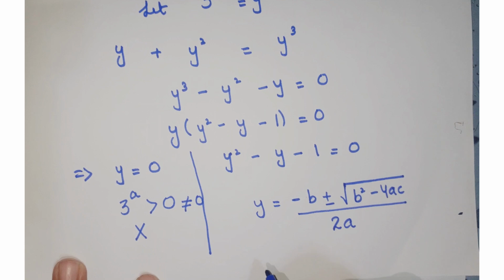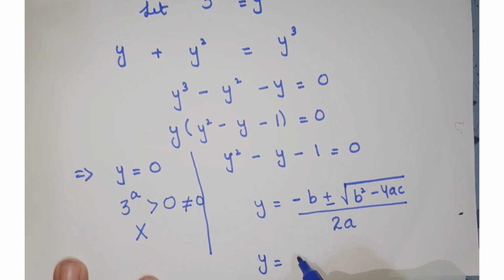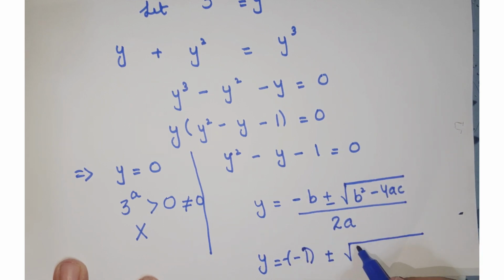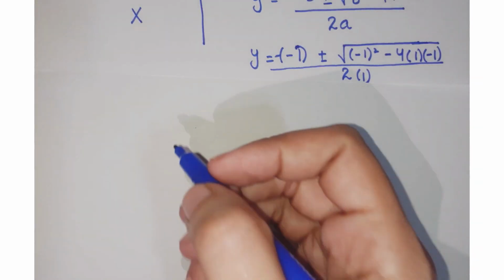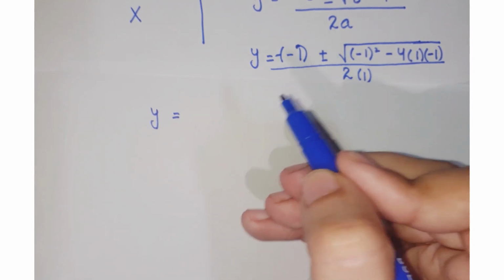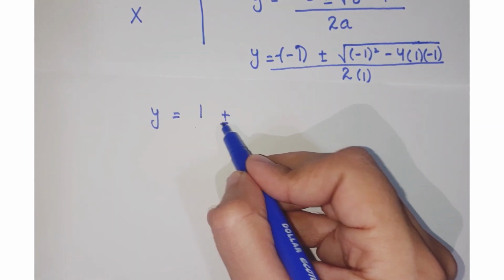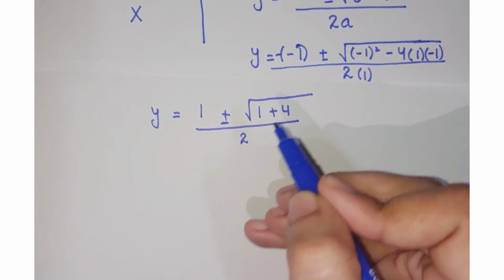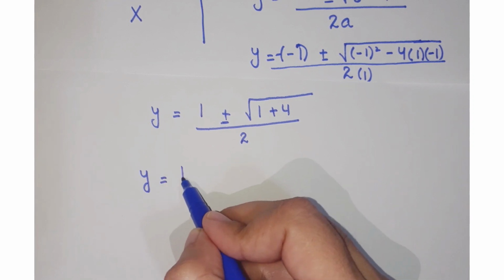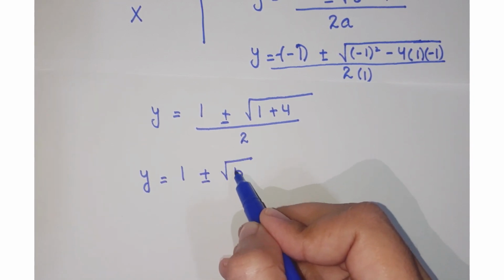So we have y is equal to minus of minus 1 plus minus under root minus 1 square minus 4, where a is 1 and c is minus 1, upon 2 into 1. Further solving for y, we have y is equal to 1 plus minus under root 1 plus 4 upon 2. Further you can write it as y is equal to 1 plus minus under root 5 upon 2.